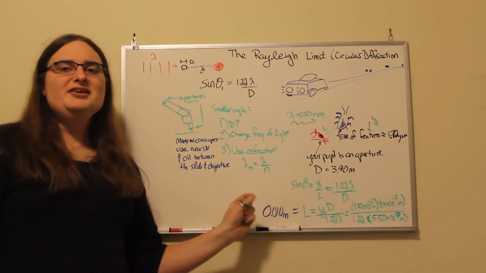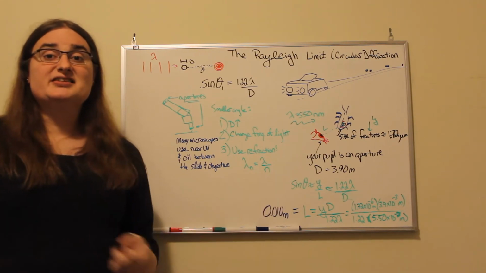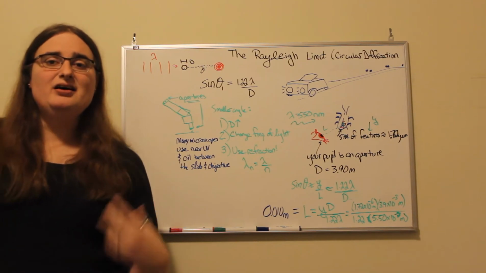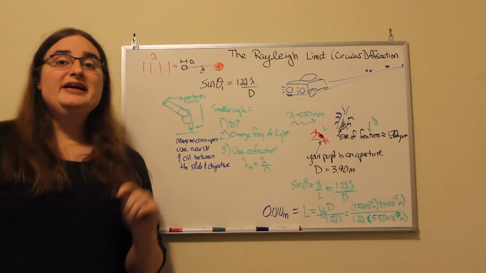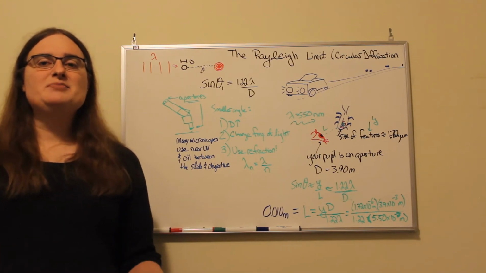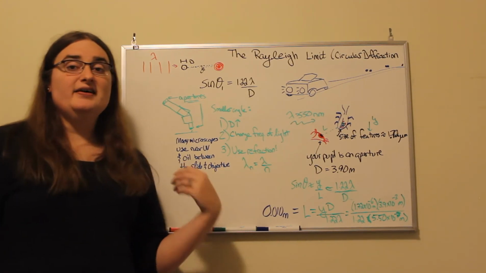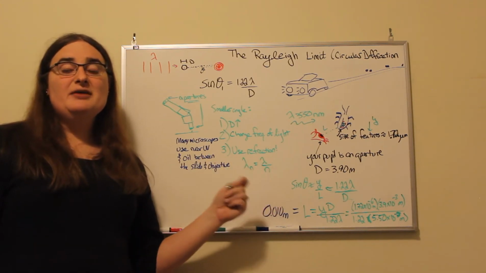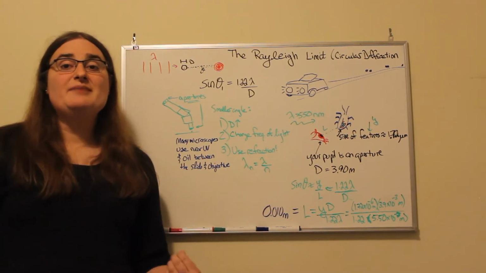And you could also make use of refraction effects. The index of refraction not only adjusts the speed of light in a material, it sets the wavelength of a light wave in that material. And the wavelength of light in a material is the wavelength in a vacuum divided by the index of refraction of that material.